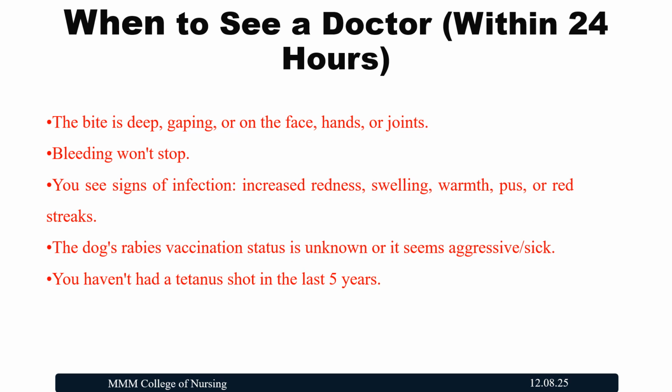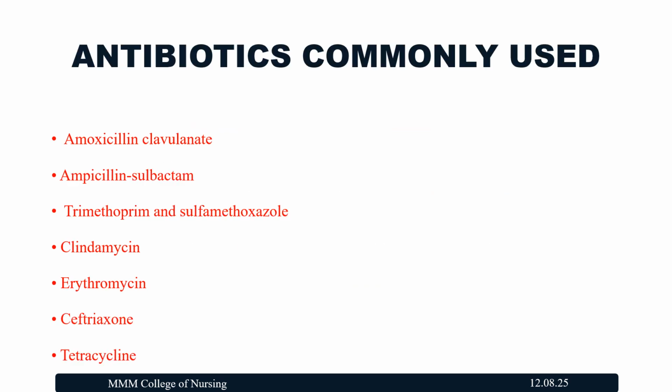The dog's rabies vaccination status is unknown and it seems aggressive and sick. You have not had a tetanus shot in the last 5 years. In all these conditions, we have to consult the doctor within 24 hours.